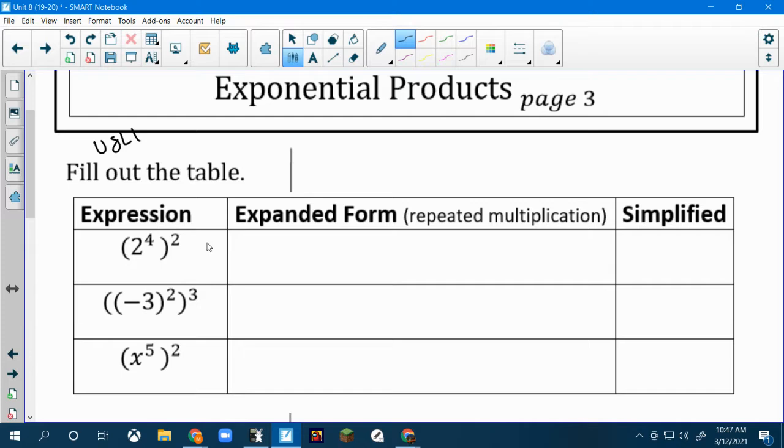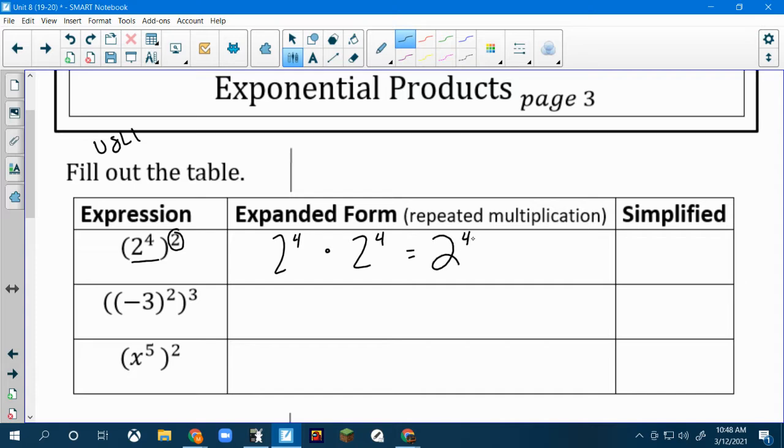Notice how we have 2 to the 4th squared. Okay, what does that mean? Well, that means that whatever you have inside the parentheses needs to happen 2 times. So what you have is 2 to the 4th times 2 to the 4th. And we know from our last set of examples that when we multiply similar bases with exponents, we add those exponents.